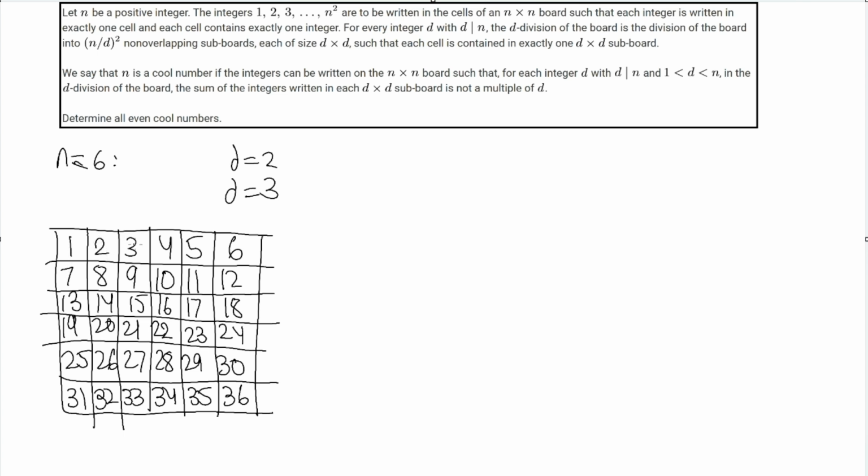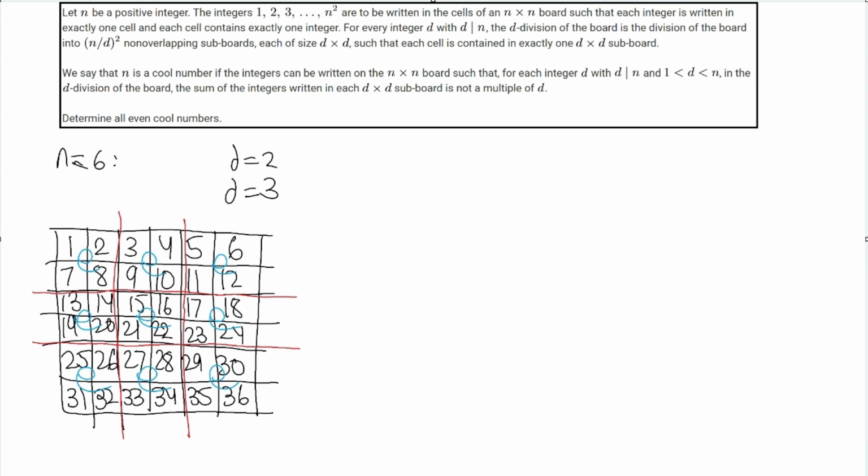And similarly, the sums of the numbers here are even, and so are they for the rest of these grids. Let me go ahead and draw on the grid lines for these 2 by 2 grids real quick. So we have even sum, even sum, even sum, and so on. And we want all of them to be odd.